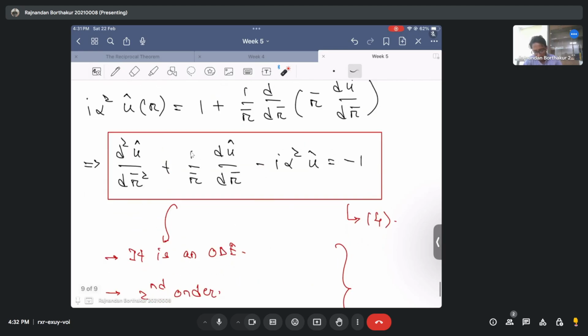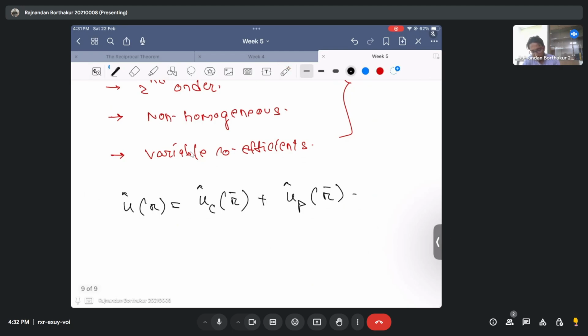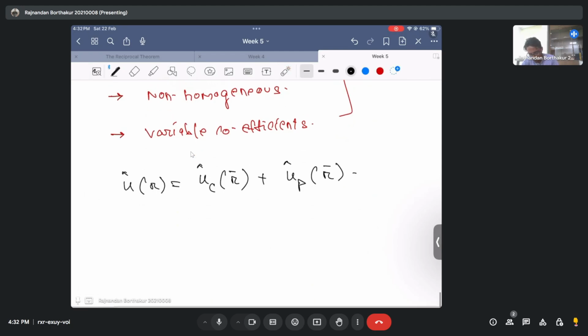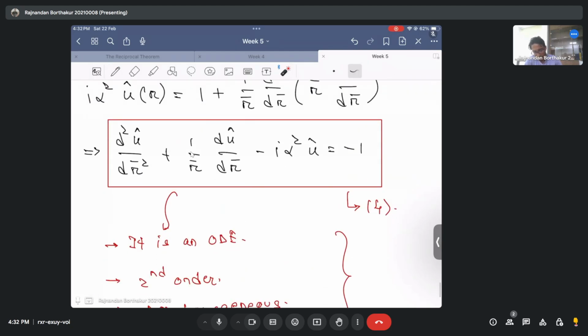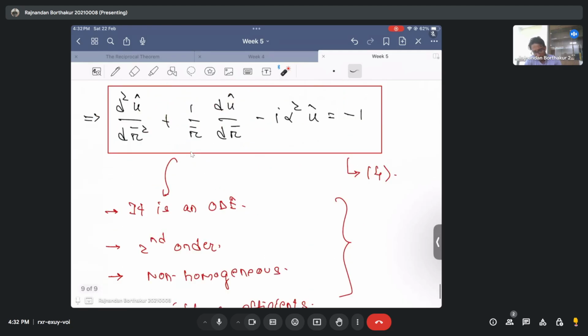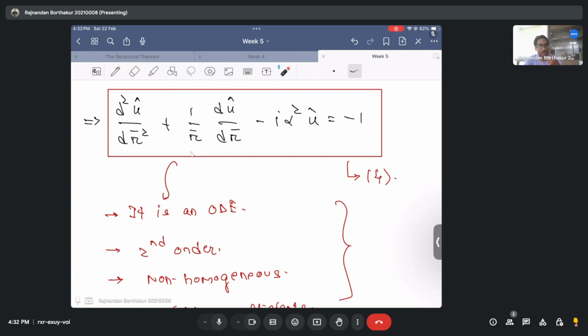Your u p hat of r is just 1 over i alpha squared. That's it. Why? If you substitute this 1 by i alpha squared into this governing equation, it satisfies. Since the right hand side is not a function of r bar and is just a constant, the particular integral is just 1 upon this term.